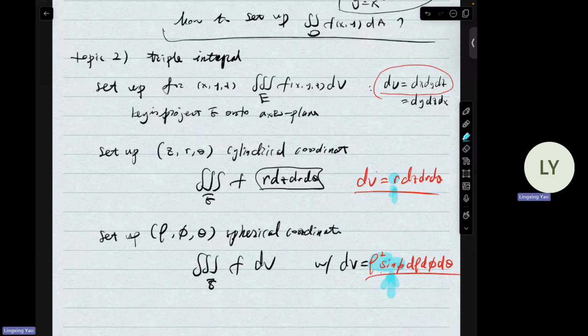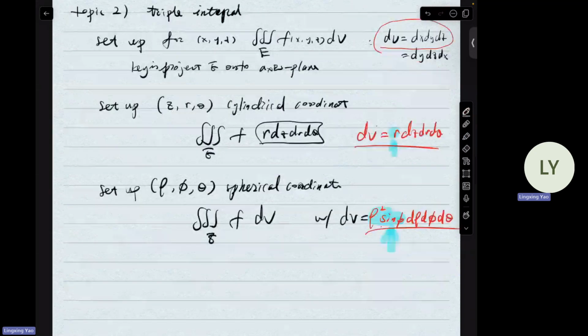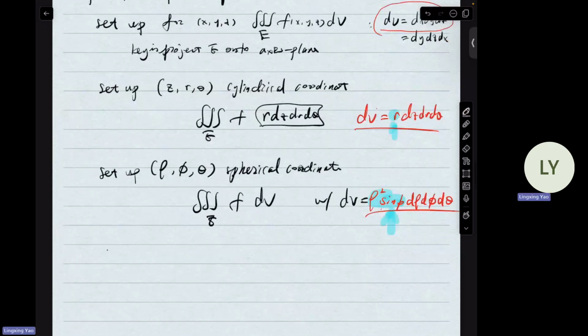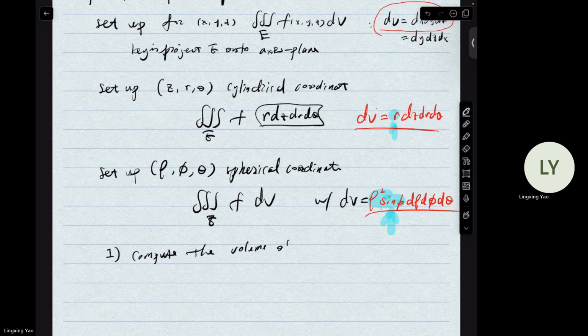All right, so for those questions, you also need to compute the volume of solid or mass.